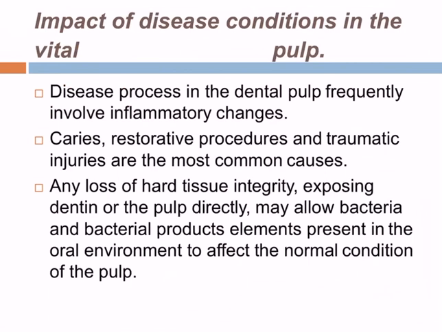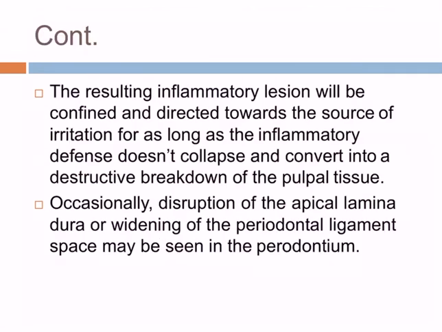You all know this is what happens in caries. The resulting inflammatory lesion will be confined and directed towards the source of irritation, as long as the inflammatory defense does not collapse and convert into destructive breakdown of the pulpal tissue.